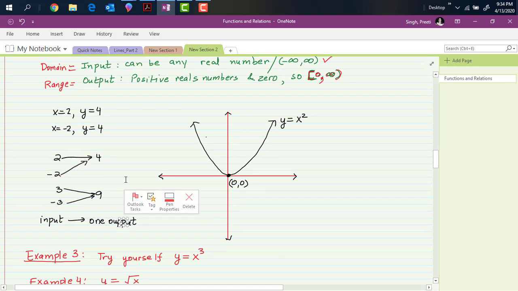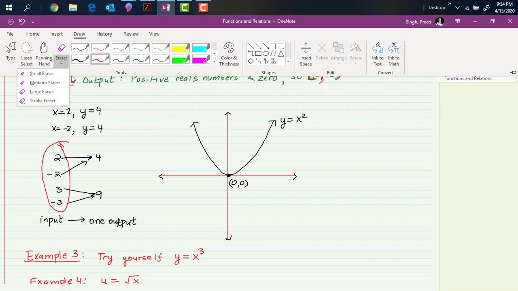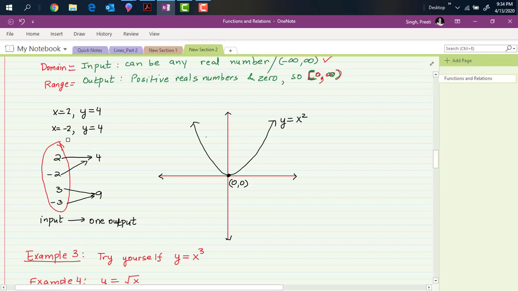If I want to draw the ovals, these are my inputs right here. So the inputs are two, negative two, those positive negatives, anything. But once you have your outputs, you will have this kind of scenario.